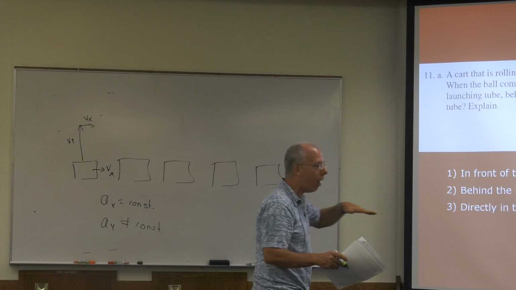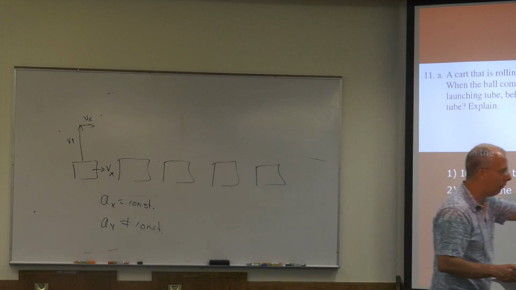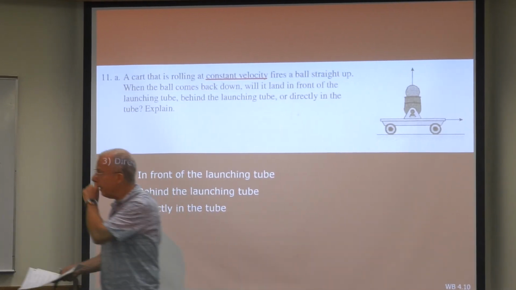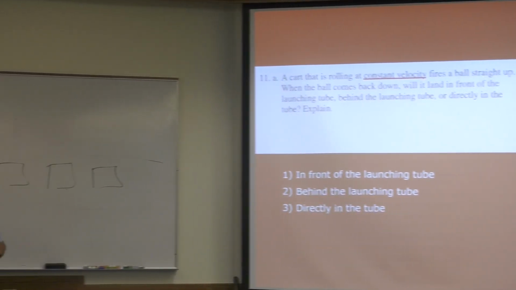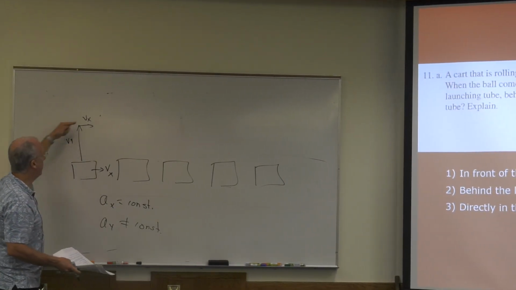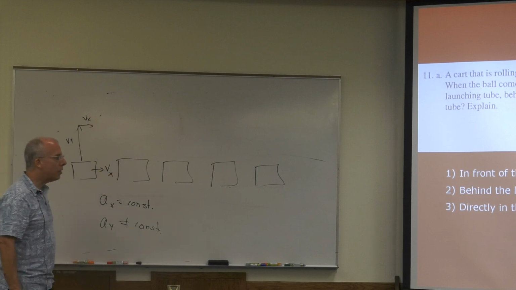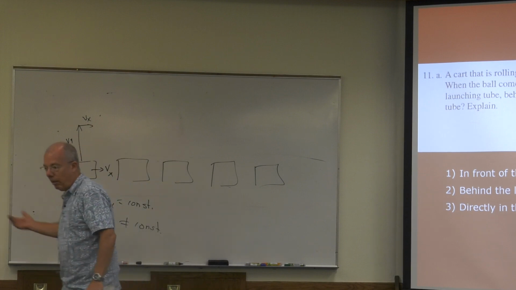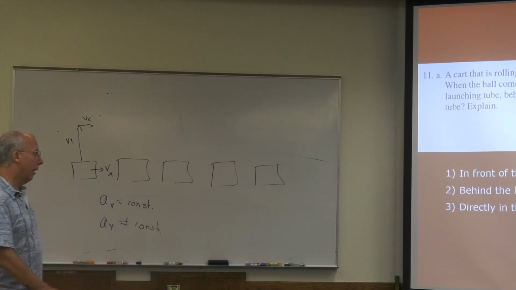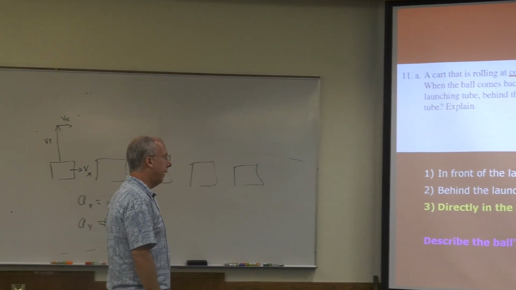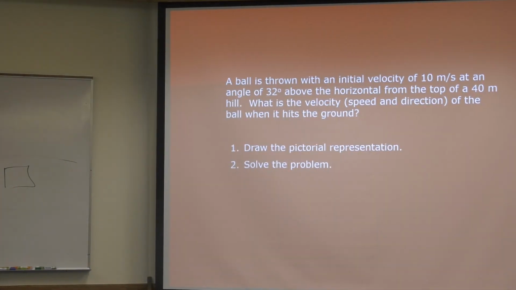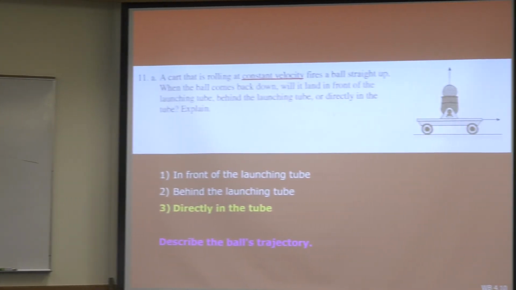When the ball gets shot, it has a horizontal velocity which is the same as the velocity of the cart. So where's the ball going to land? If the ball has the same Vx as the cart, it has to land in the cart, and it has to be a parabola. All right, that is it.